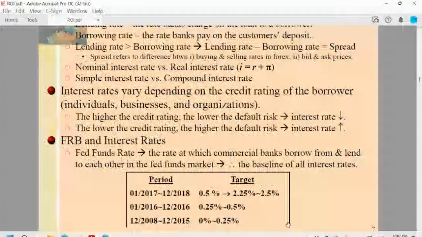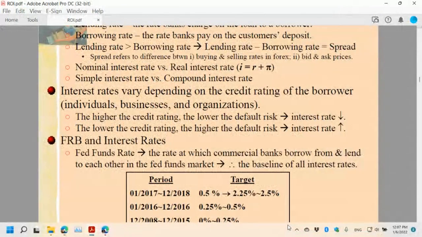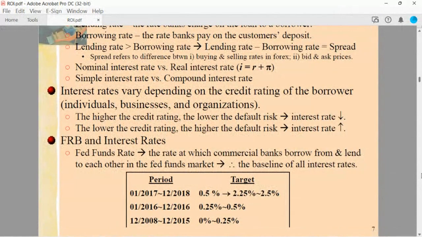Let's pick it up from where we left off yesterday. Yesterday we were talking about the different classifications of interest rate: borrowing versus lending rate, nominal interest rate versus real interest rate, and why and how the real interest rate is important.